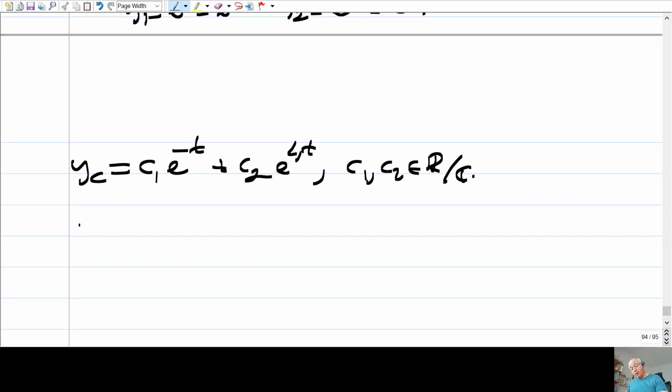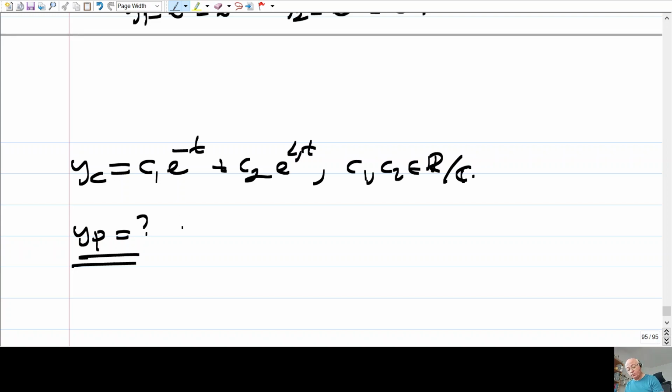Okay. What about the particular solution? Well, I will use the reduction of order method. To apply the reduction of order method, I need one solution of the homogeneous equation. Well, I have many solutions of the homogeneous equation.